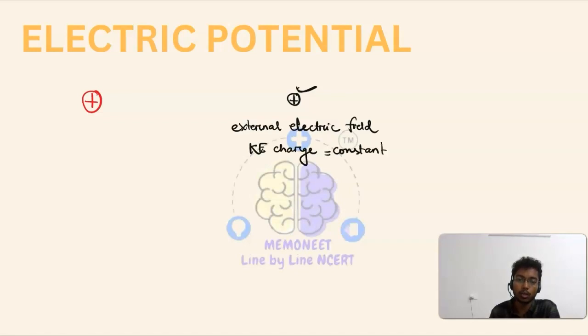So this work done against the external electric field gives the electric potential. So electric potential V is equal to W external upon Q.